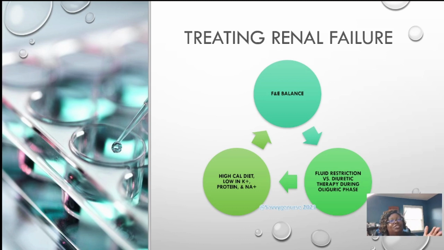And that reflects to the beginning of this micro lesson, which was all in the patho. Okay? And you need to go back and look at what works those kidneys. And the answer is in this. That's why you don't want high protein, high potassium, high sodium. That's going to work the kidneys even more.